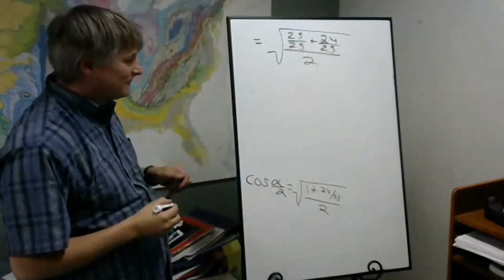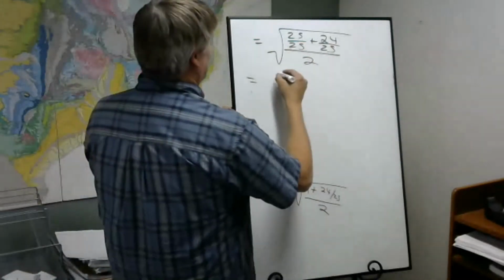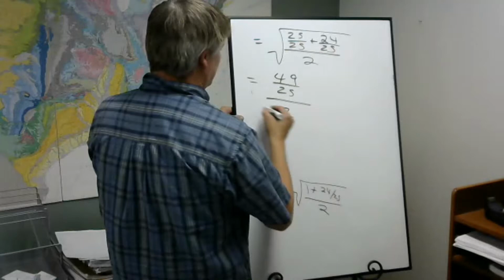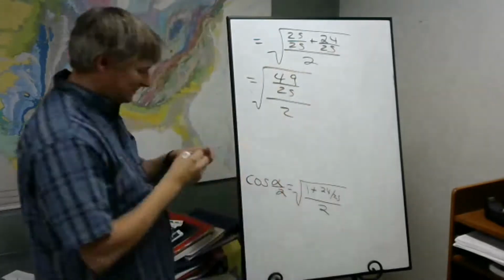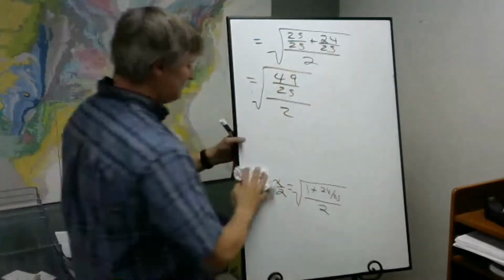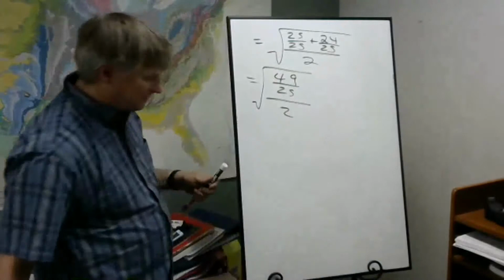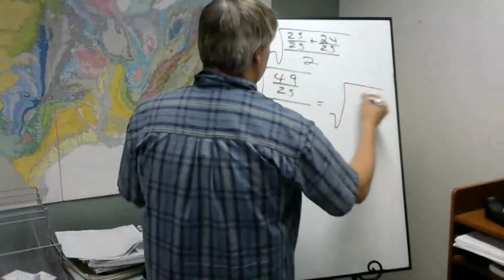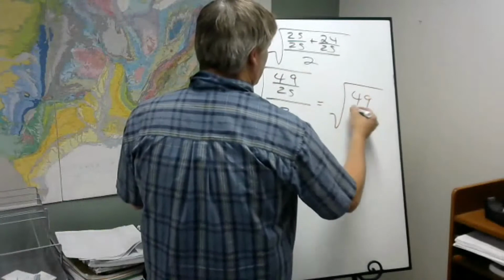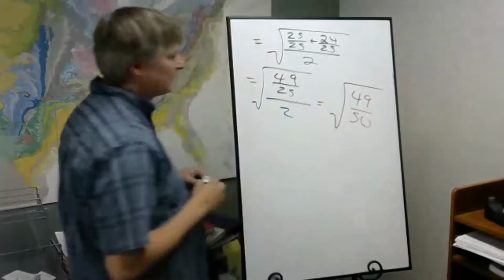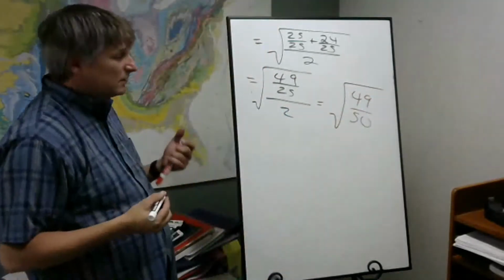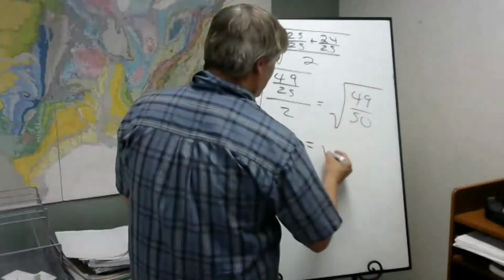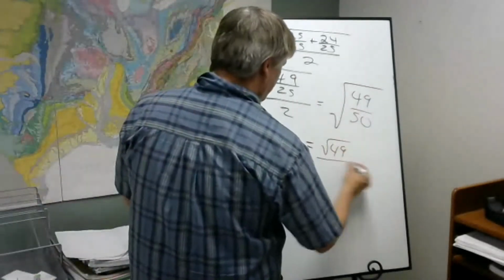So we have this. Which will turn out to be the square root of 49 over 50. We can square root, you can leave it like that, but if you're going to do this properly, we square root top and bottom.